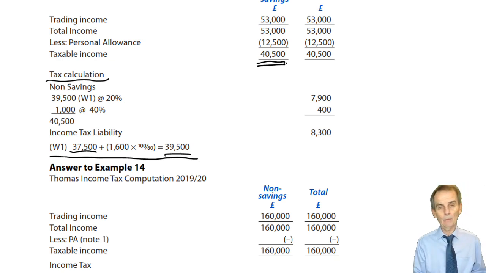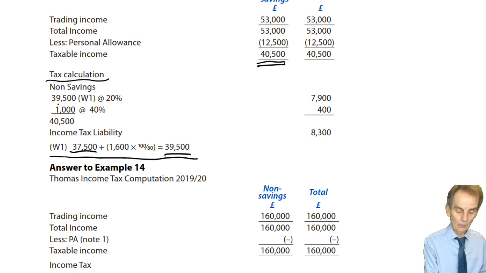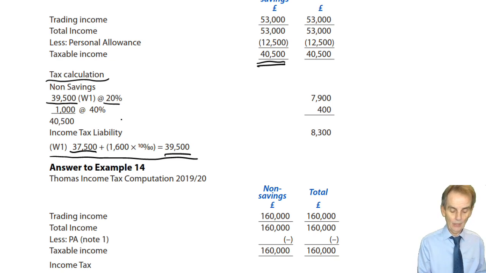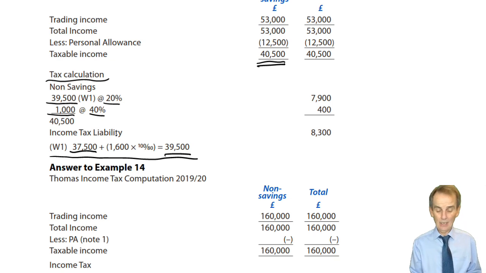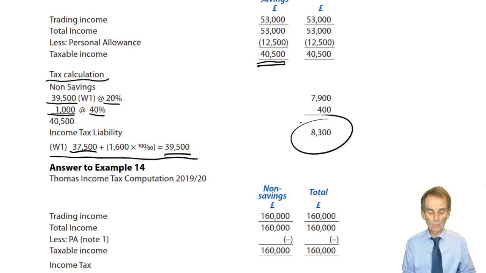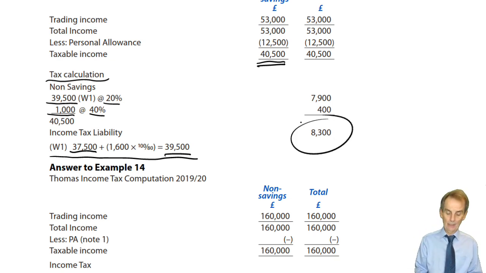Our taxable income is £40,500 of non-savings income. So the first £39,500 is taxed at 20%. The remaining, only a further £1,000, is therefore at 40%. Add it up, and that, all being well, will be our income tax liability there.